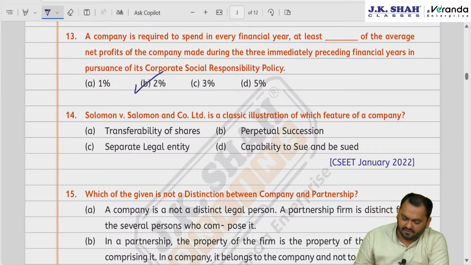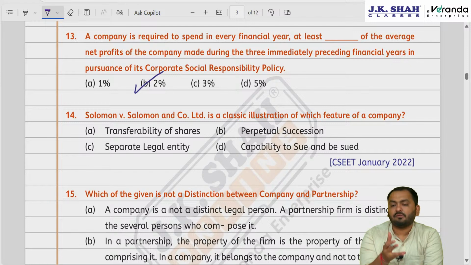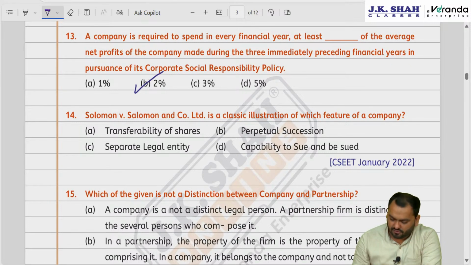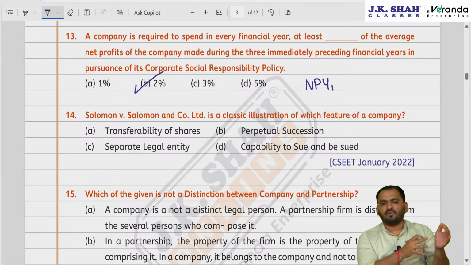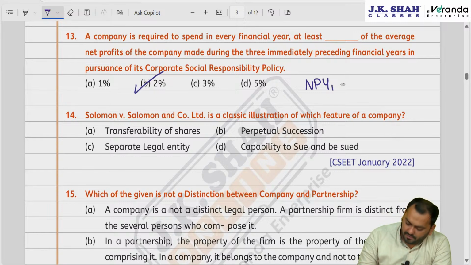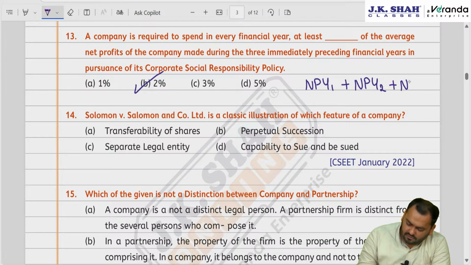For example, see what you need to do first. You need to take out the average net profit made by the company in the preceding 3 financial years. First, see the net profit made by the company in year 1, the previous year 1, plus the net profit in year 2, plus the net profit in year 3.